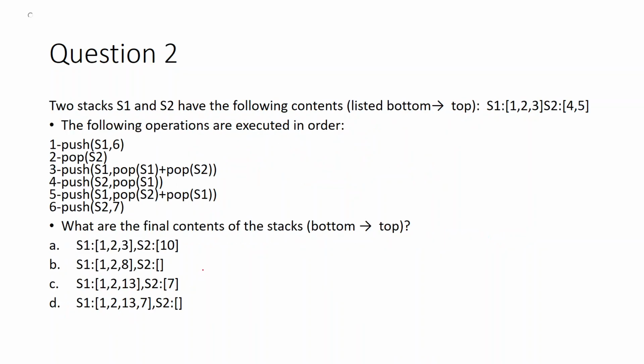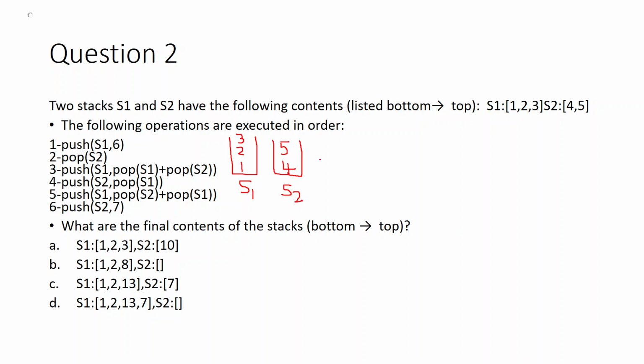So the next, second question. 2 stacks are given, S1 and S2, with the following contents. Again, the elements are listed bottom to top. S1 is 1, 2, 3. The stack S2 has two elements, 4 and 5.